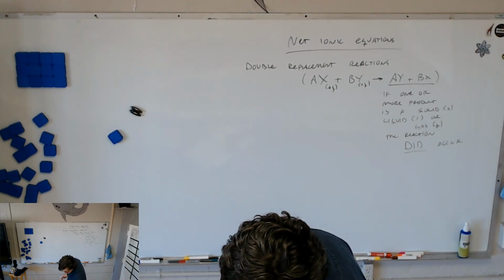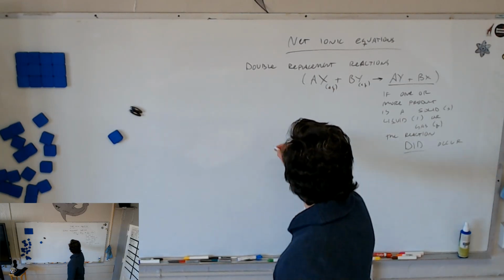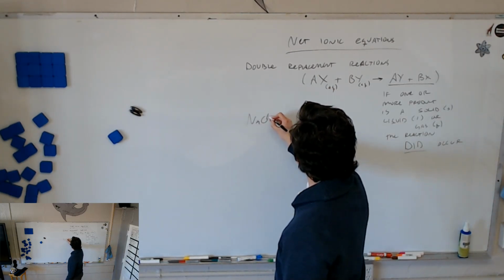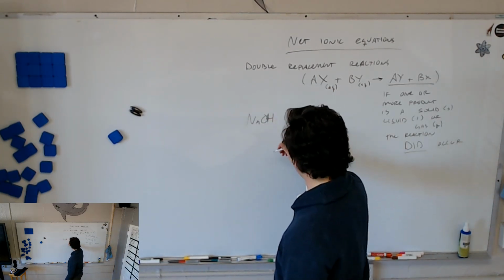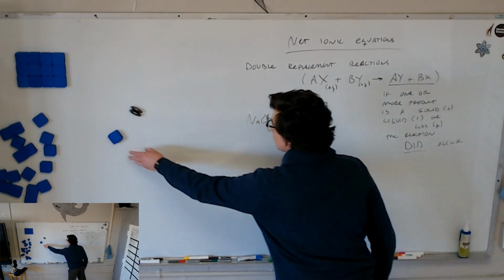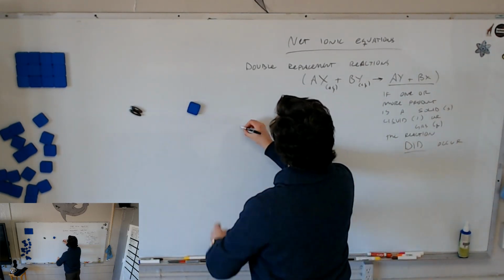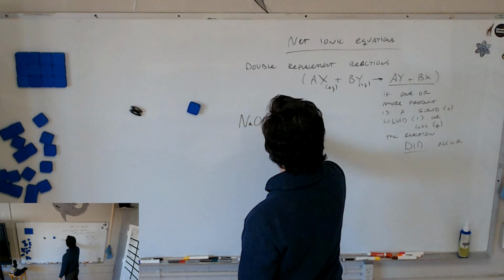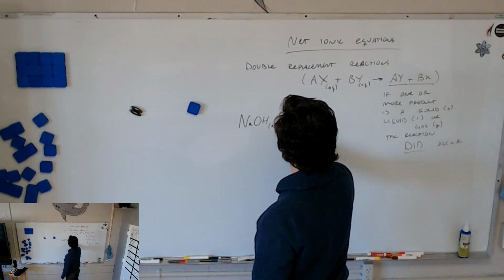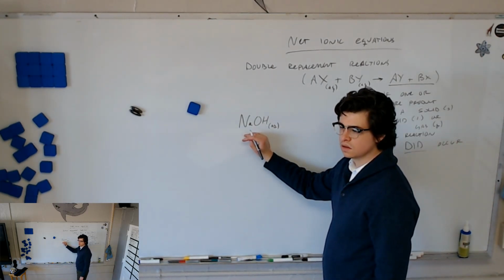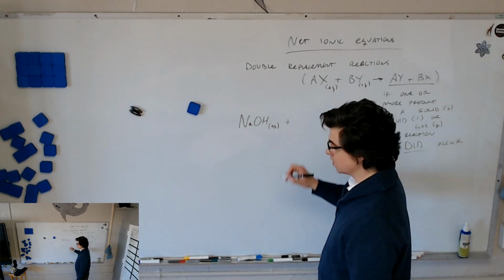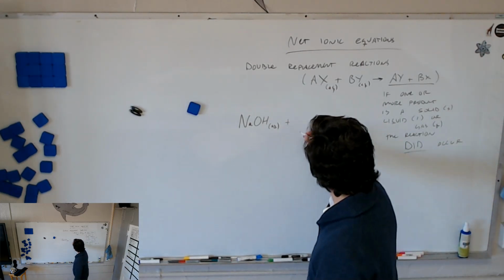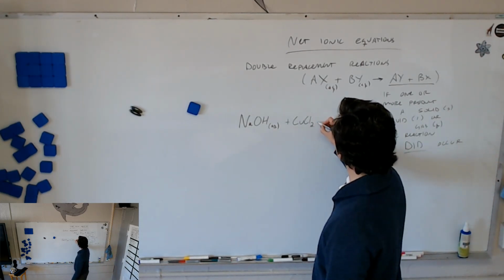I'm on page 300 now, it says NaOH. Oh golly, that's the ugliest NaOH I ever drew. Let's try one more time. NaOH in aqueous solution. Name this thing. Sodium hydroxide. Plus CuCl2 in aqueous solution.